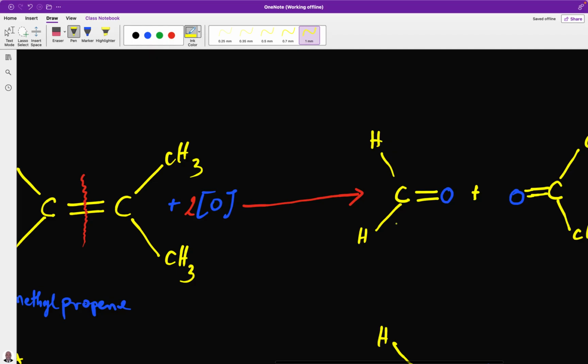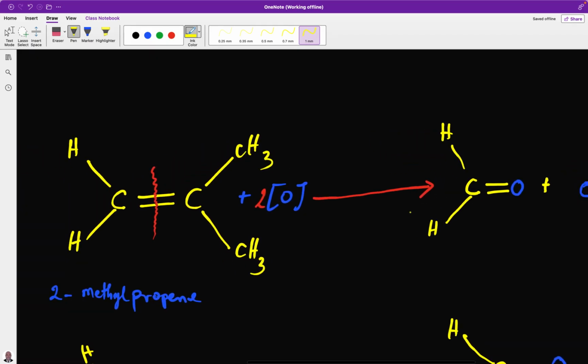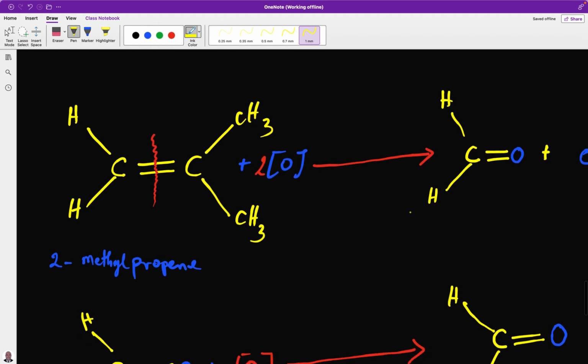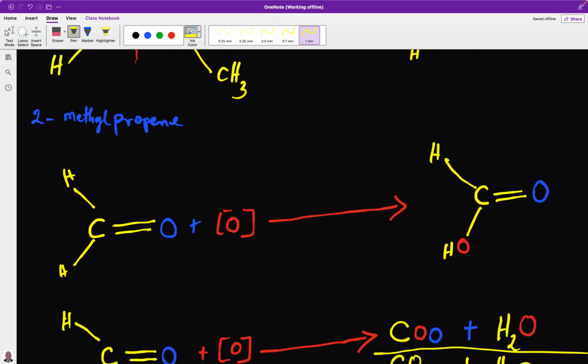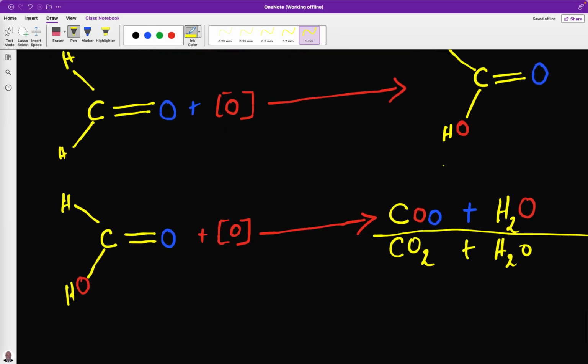Now, we are interested in this side. How does this side result in carbon dioxide and water? Because of the presence of the hydrogen atoms there, they will undergo further oxidation. You see the oxidation that is going on. Because of the presence of another hydrogen here, it will undergo oxidation again.